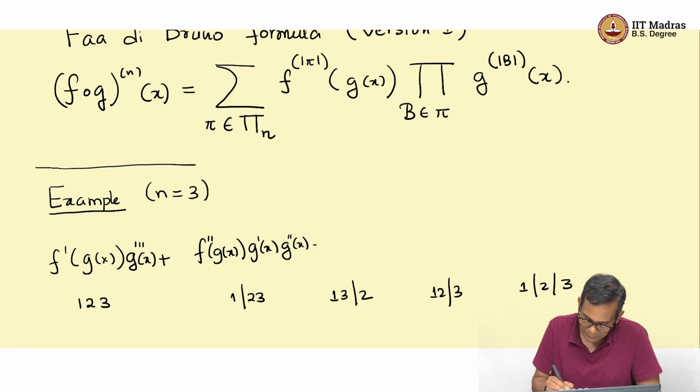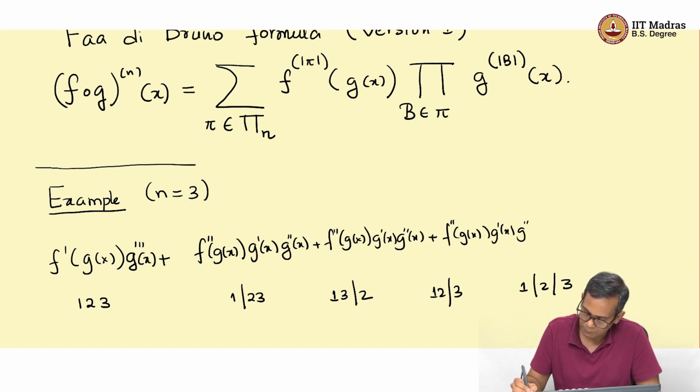And the same is here. I have 2 blocks, one of size 2 and one of size 1. So again I get f prime g x, g prime x, g double prime x. And I have this once more here, f double prime g x, g prime x, g double prime x.